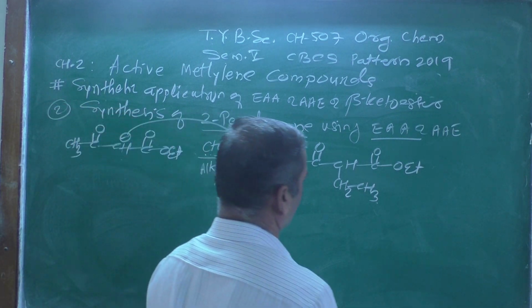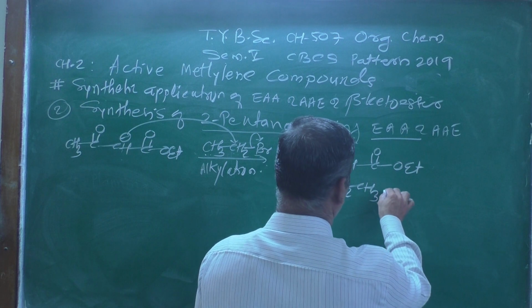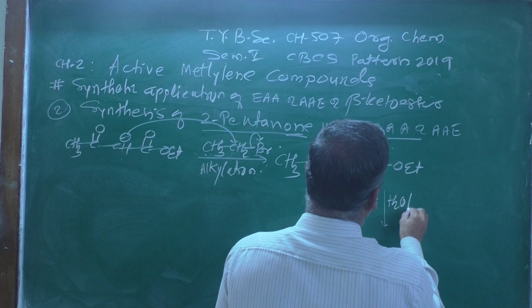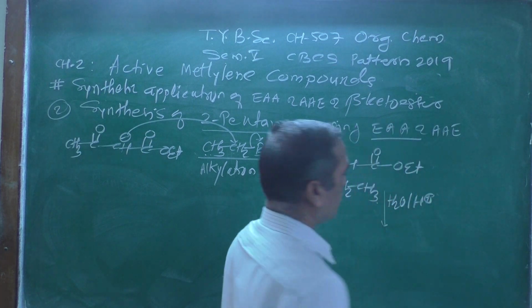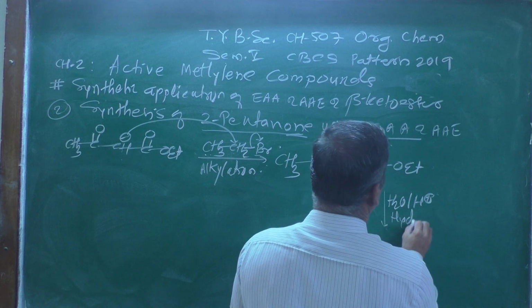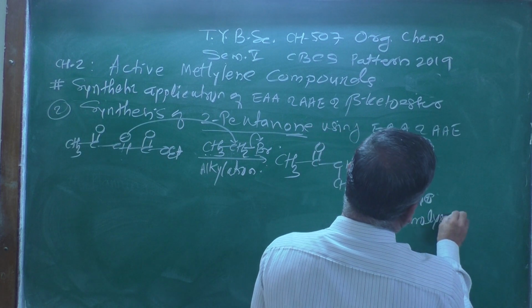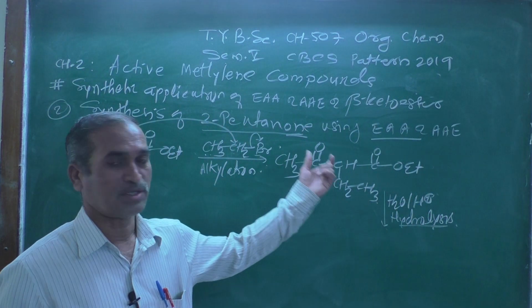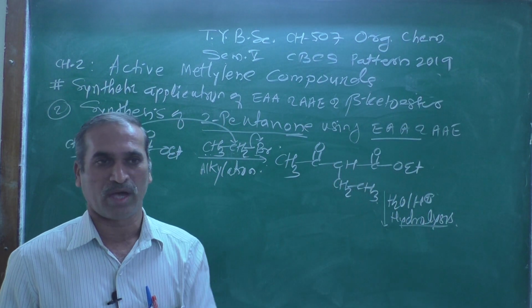After the alkylation, one process we can do here is H2O in presence of H plus. This process is known as hydrolysis. What do you mean by hydrolysis? Means the ester group is converted into acid.